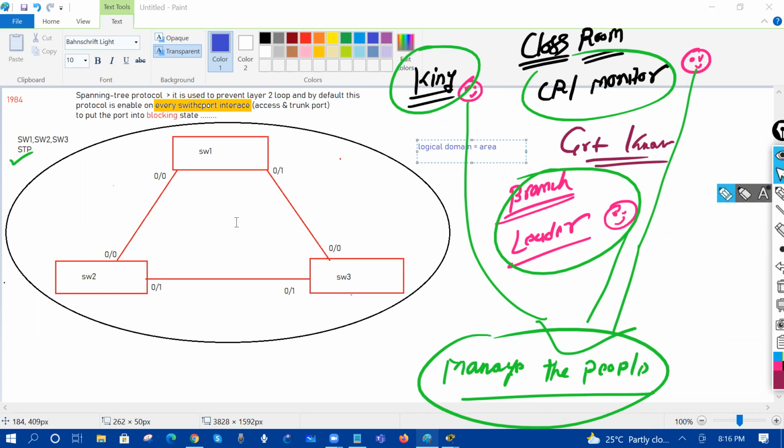In this domain, I need to find one king, one leader, one CR that is going to manage my spanning tree domain. And that guy is called the root bridge.